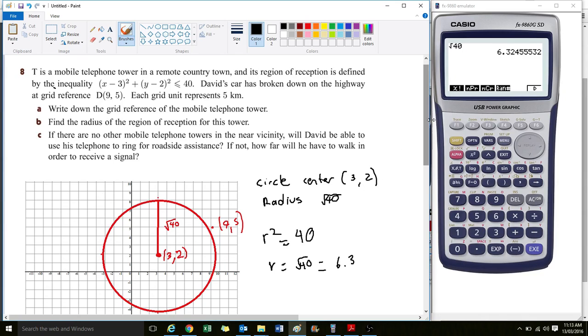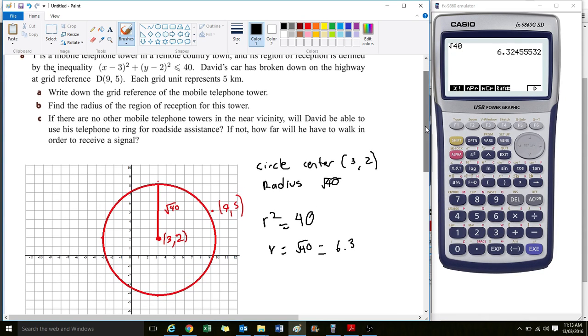Now, the radius of the telephone tower is about 6.3 grid units.